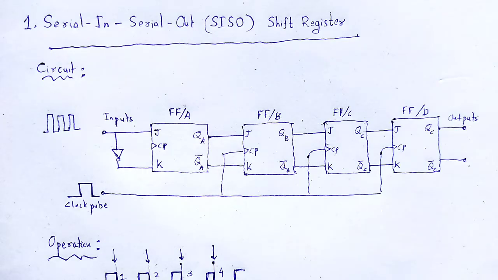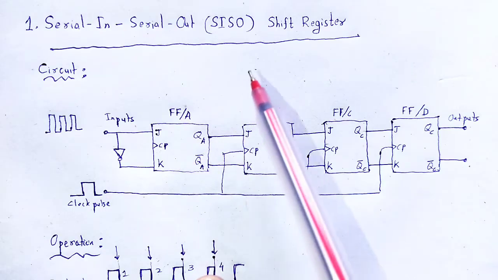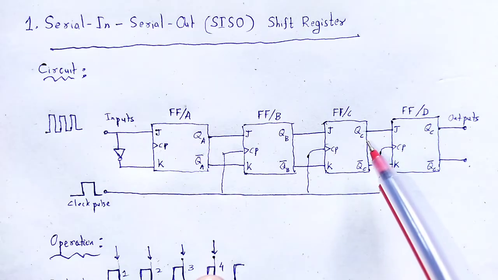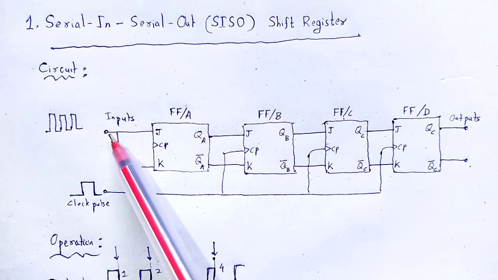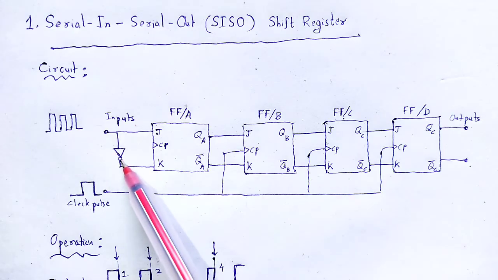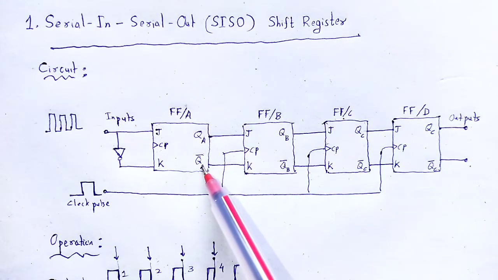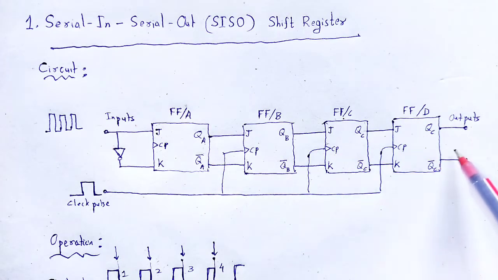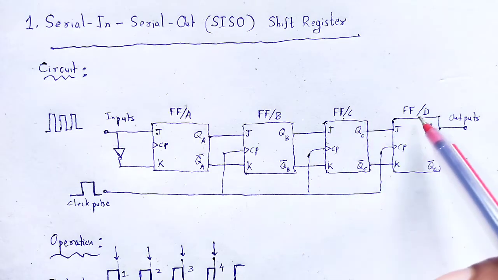The serial in, serial out shift register consists of 4 JK flip flops: flip flop A, flip flop B, flip flop C and flip flop D. Here data is input to J and its complement towards K by taking a NOT gate, and the output of QA goes towards J and its complement towards K. Similarly the pattern is followed, and a clock pulse is applied to flip flop B, flip flop C and flip flop D.